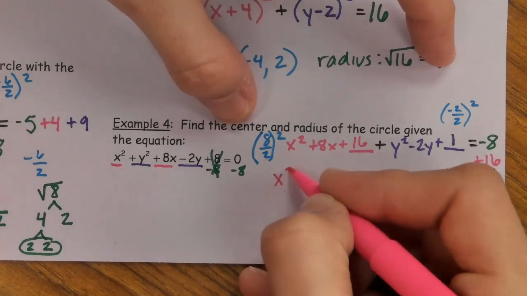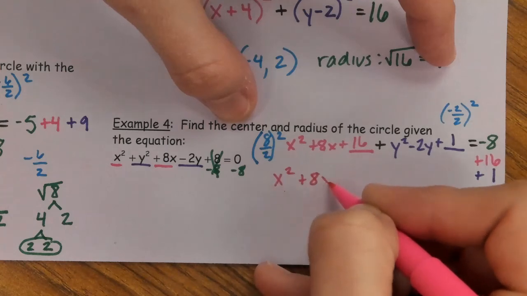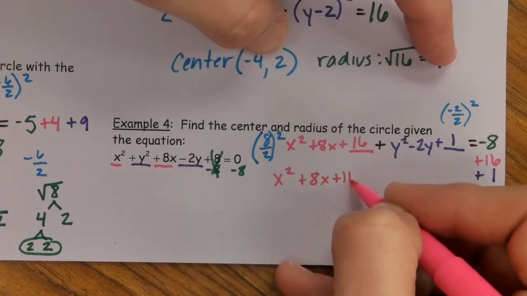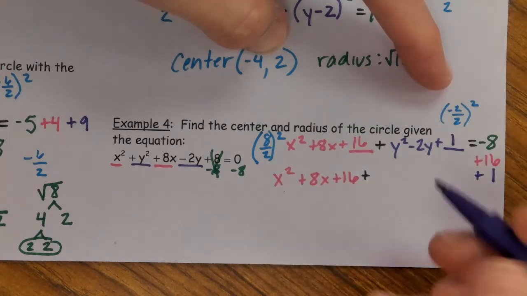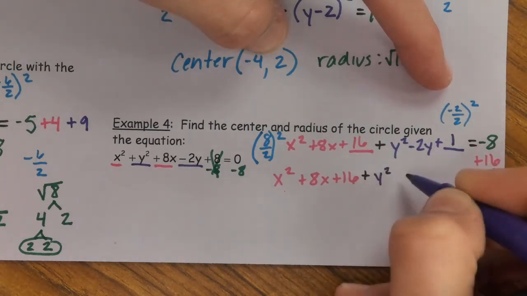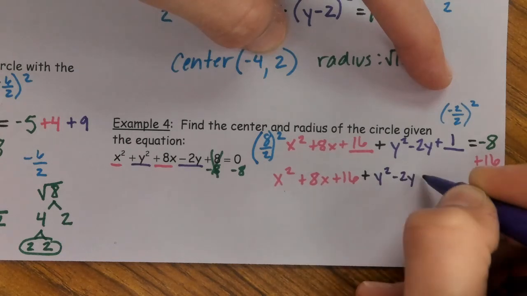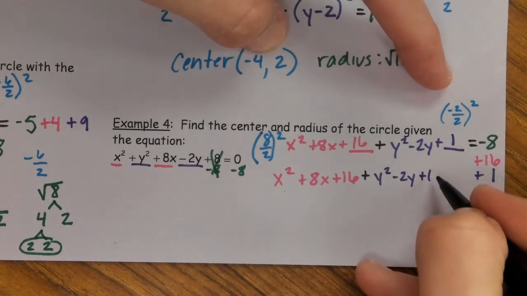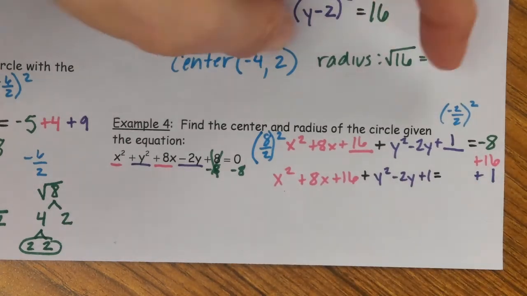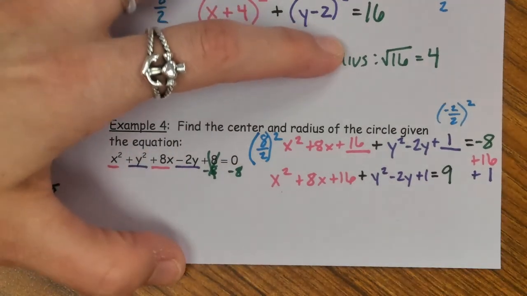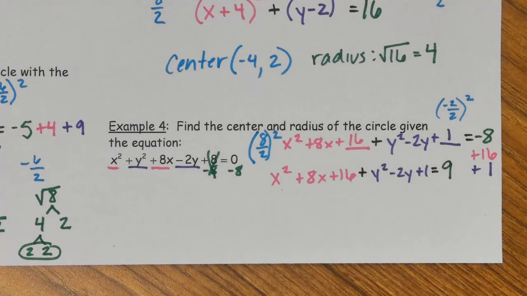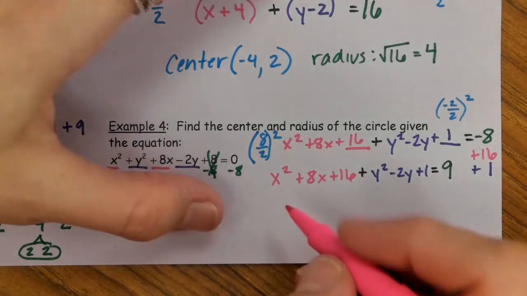We can have our x squared plus 8x plus 16 plus y squared minus 2y plus 1, all equal to, when we combine all of these together, we're going to get 9, representing r squared, and that will factor.